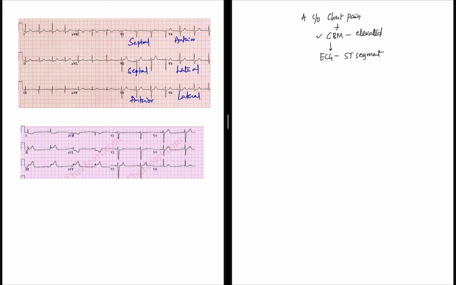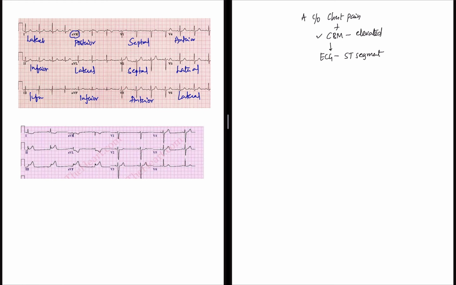Along with V5 and V6, we have SALI, that means AVL is also lateral and lead 1 is also lateral, and inferior: lead 2, lead 3 and AVF are inferior leads, and the one which is left out, AVR, is related to posterior. So it's as simple as that.